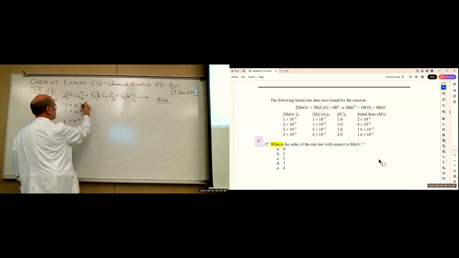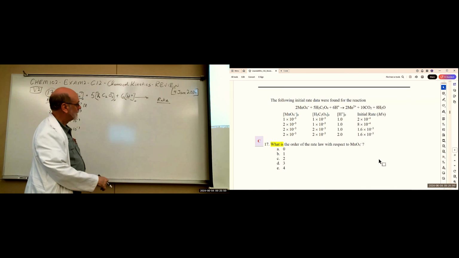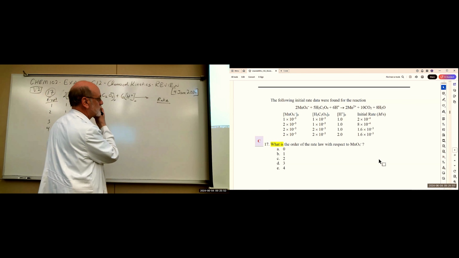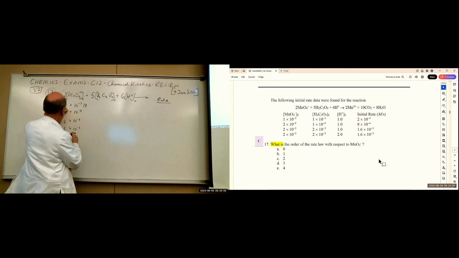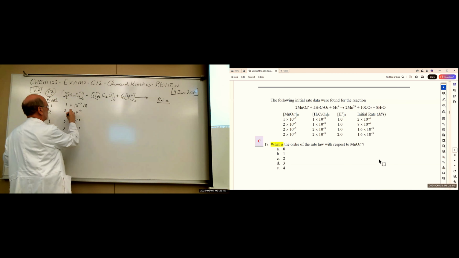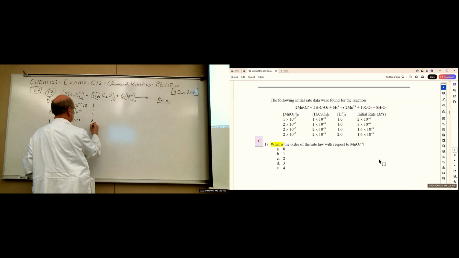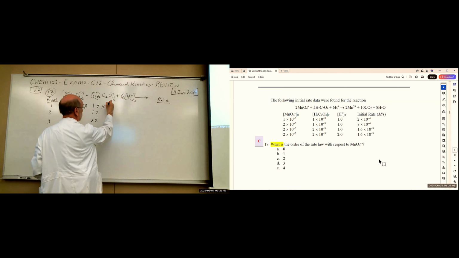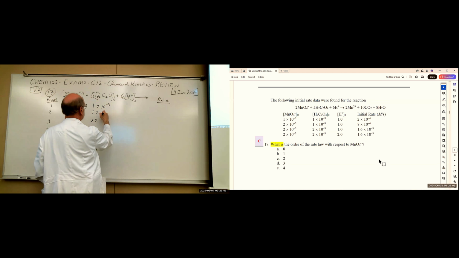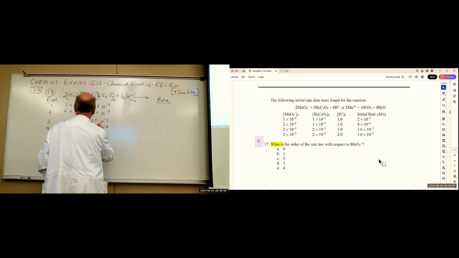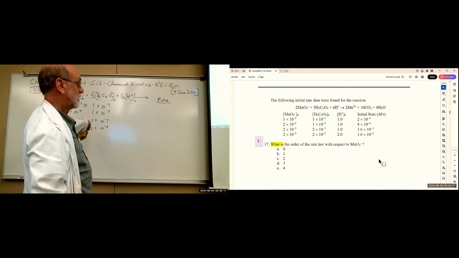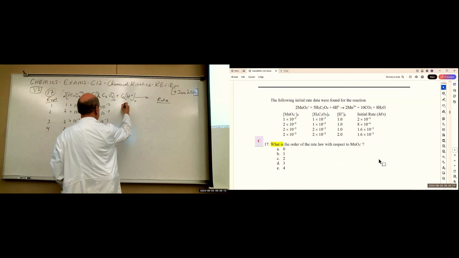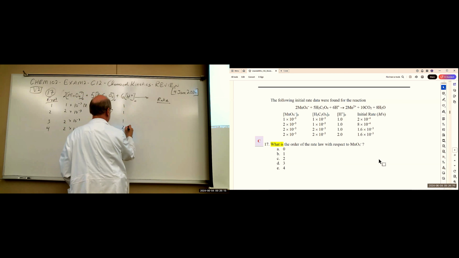They're all molar. This one is 1, 1, 2, 2. Minus 3? Yes. See if I got it right so far. Yeah. And then this one is 1, 1, 1, and 2.